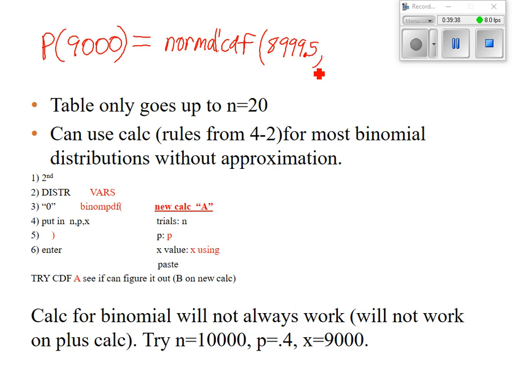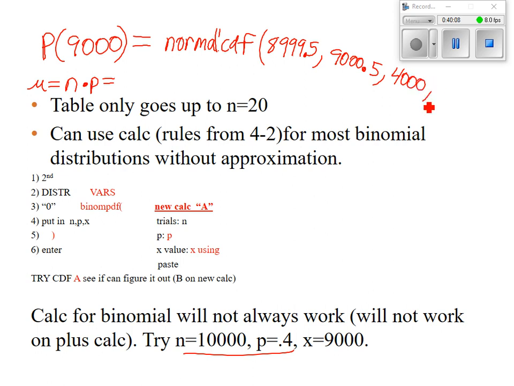What's our upper limit? 9,000.5. And I forgot to do something first. First thing we should do is find the mean, which we didn't do. How do we find the mean? It's just n times p. Somebody help me out. What's n times p? 4,000.